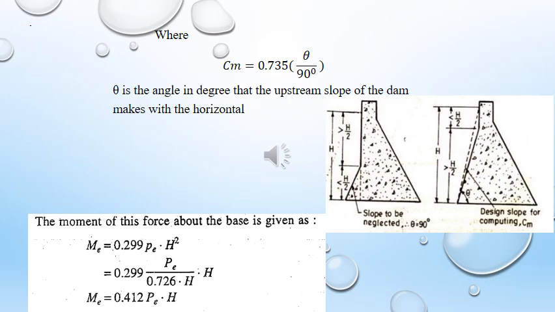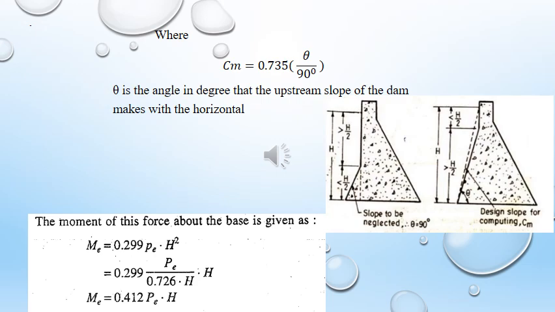But when the vertical portion is less than half the depth, the overall slope up to the whole height may be taken as the value of theta in the above equation. This theta is taken from the heel to the water surface, the line joining the water surface at upstream to the heel.